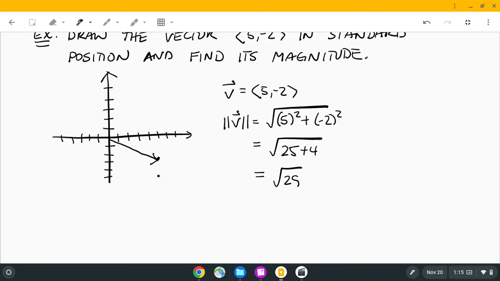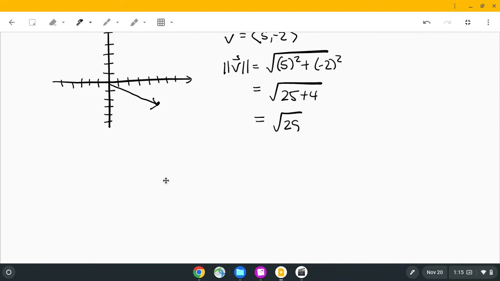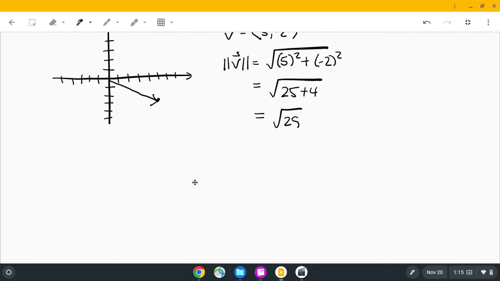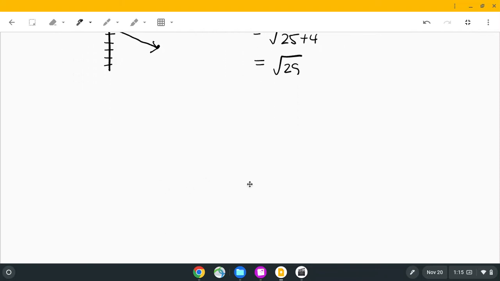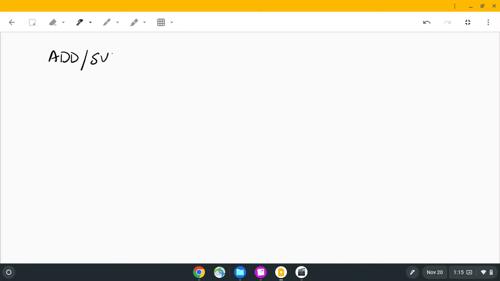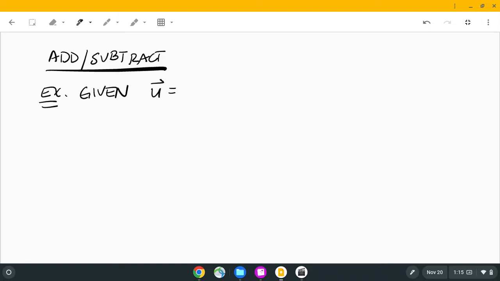All right, so let's take a look at adding and subtracting vectors. Suppose we are given vector u, and vector u is in standard position and goes to the point 6, 2.